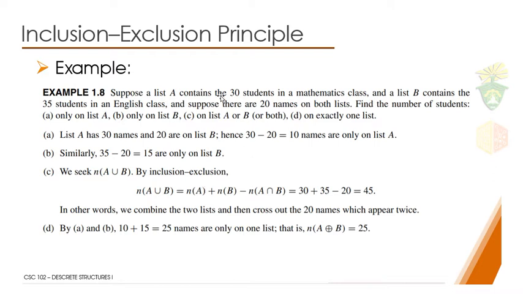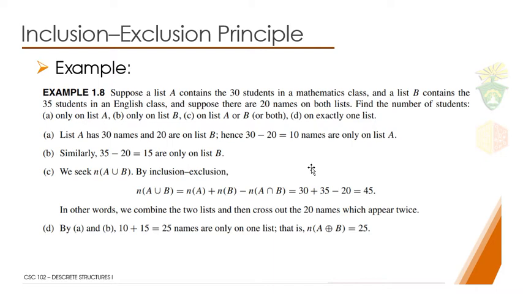We just add the number of elements of A, which is 30, to the number of elements of B, which is 35, minus the intersection of the two lists. So we have 45 students all in all enrolled in set A, enrolled in set B, or enrolled in both set A or set B.